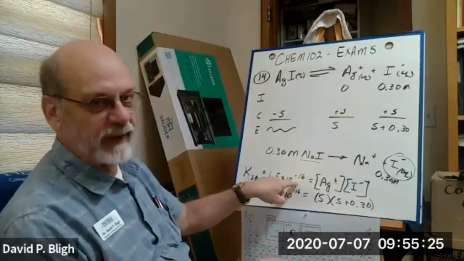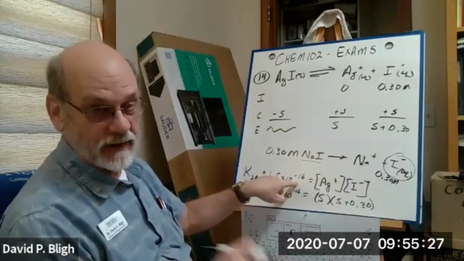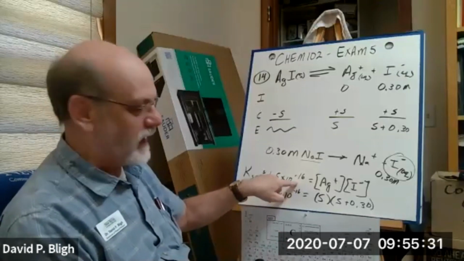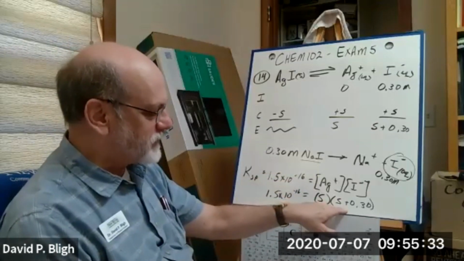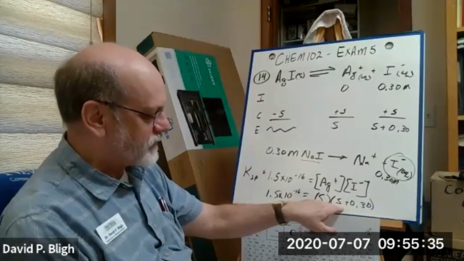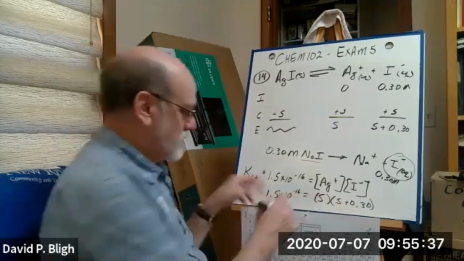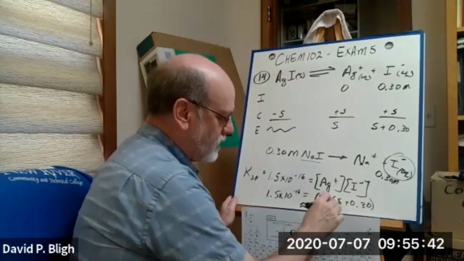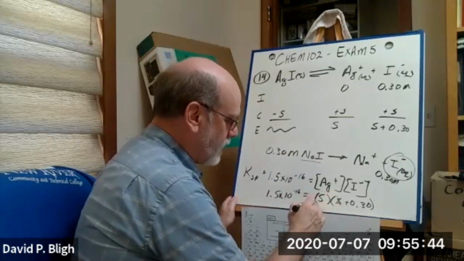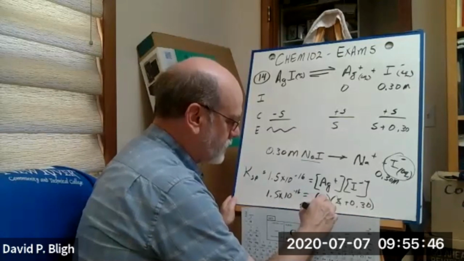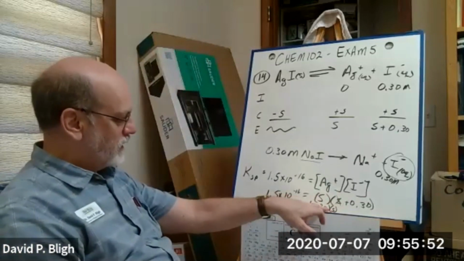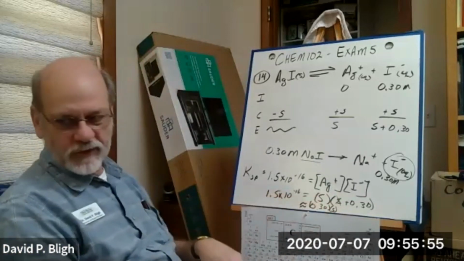But if there's a competing ion in there, an iodide ion, it's going to produce even less iodide. So I think it's safe to say that this S, we can approximate that by dropping that one out, and now we have 0.30 times S, and then we just solve for S, which would be this divided by 0.3.